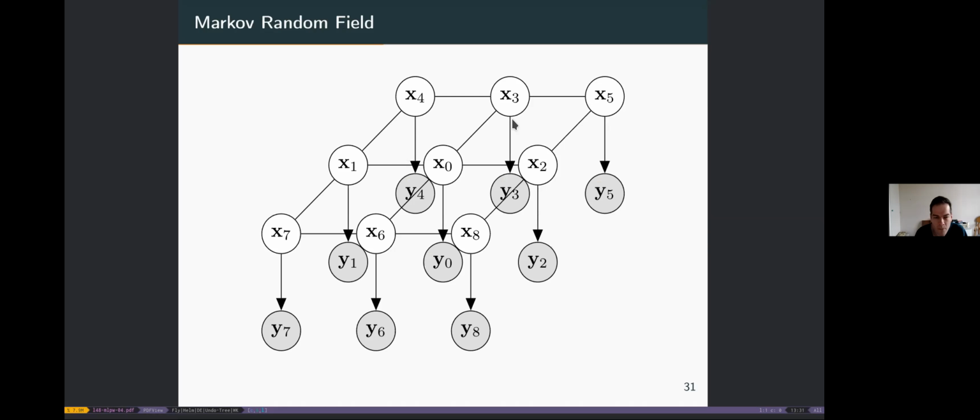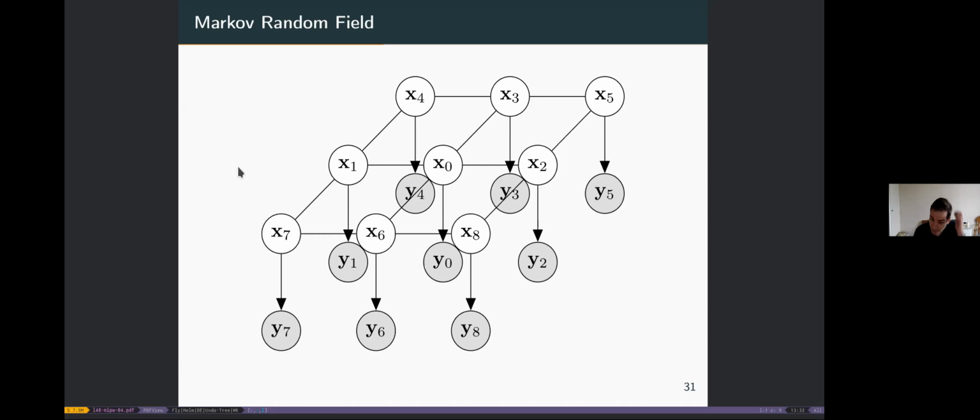So what I have here is that I've got pixels, y. Each pixel has a label, x, which is foreground or background. I have a likelihood function that tells me, if I know it's foreground or background, the colors that I think I observe. And then I have a prior, which says that if I think this is foreground, I probably think this is foreground as well. So I have some prior that makes this smooth.